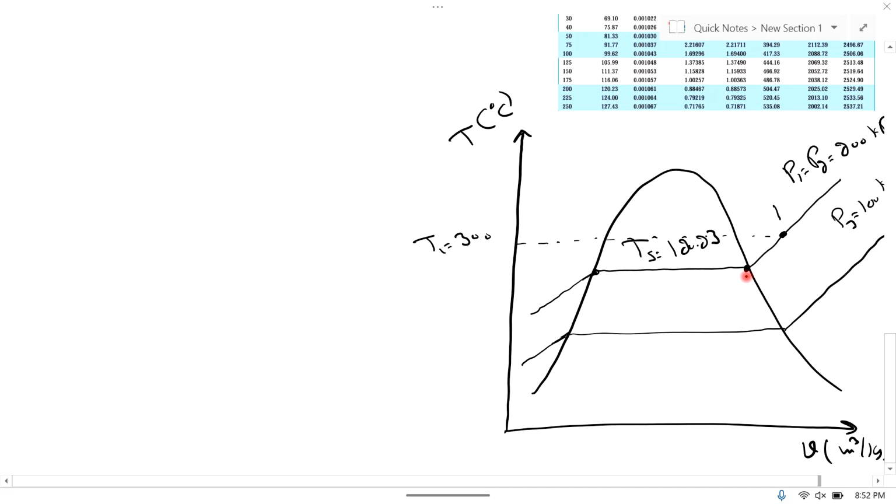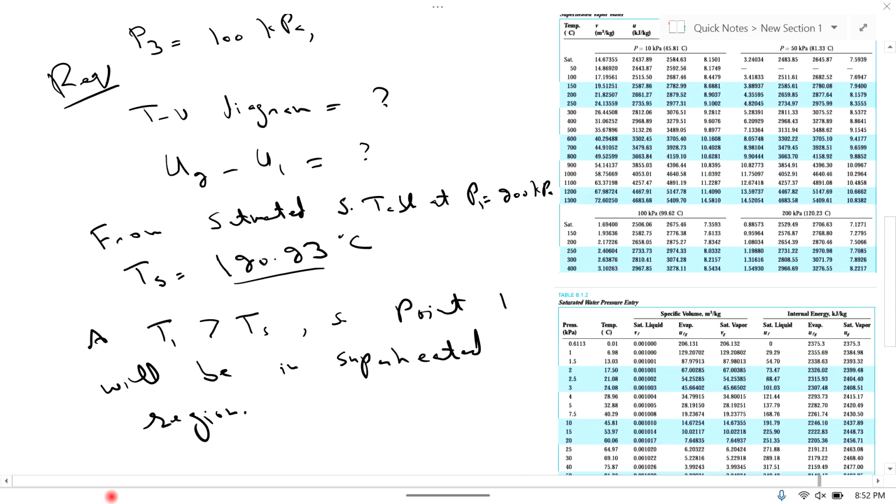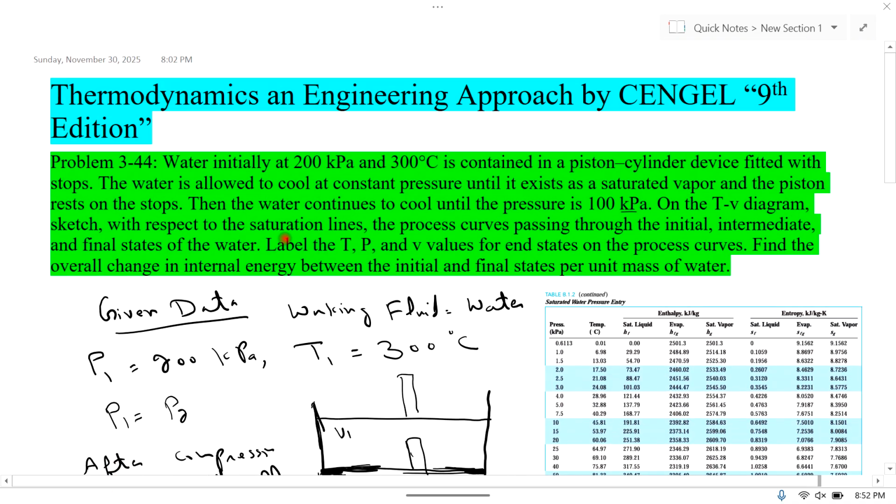Now we check point 2. At point 2 we know that it is a saturated vapor.